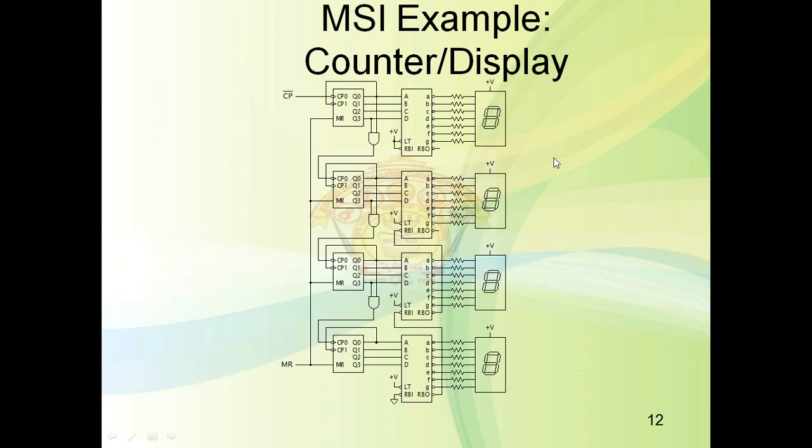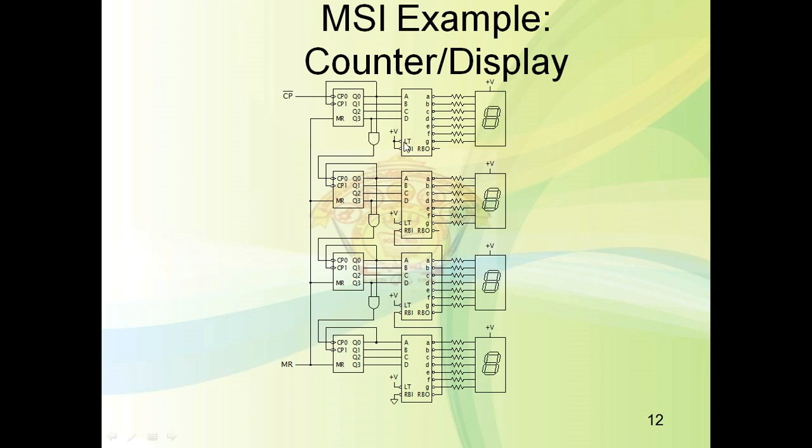Okay, so likewise, this is the circuit diagram for a 4-bit BCD counter. Okay, so it uses this counter, and then it uses the 7 segment decoder, and then the 7 segment display.